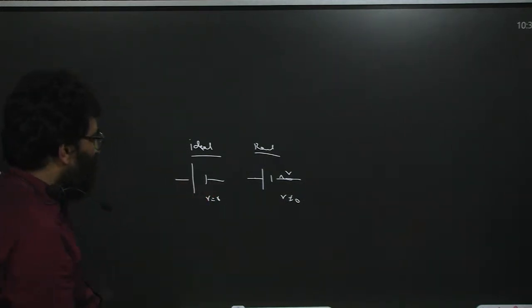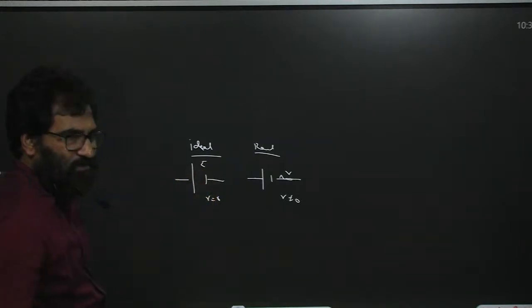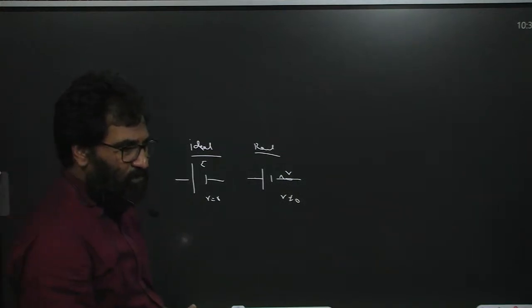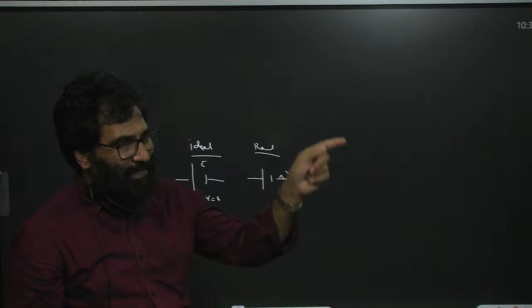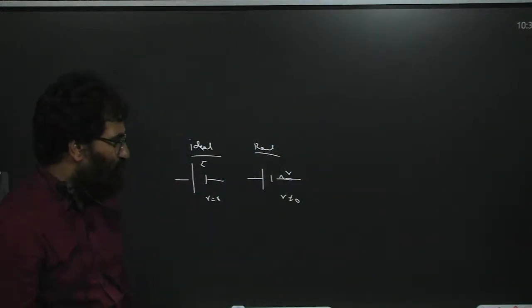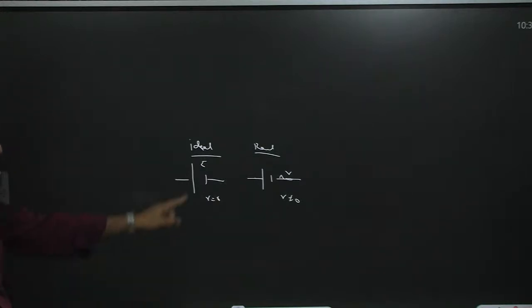But EMF and potential difference, how to calculate both? EMF is electromotive force: the work done by the battery to move an electron in a closed path, completing the circuit. Work done per unit charge is defined as EMF.